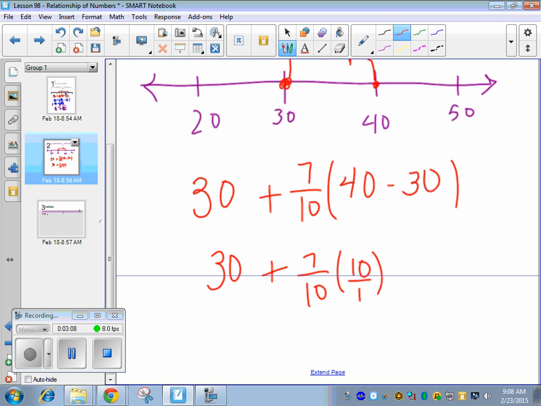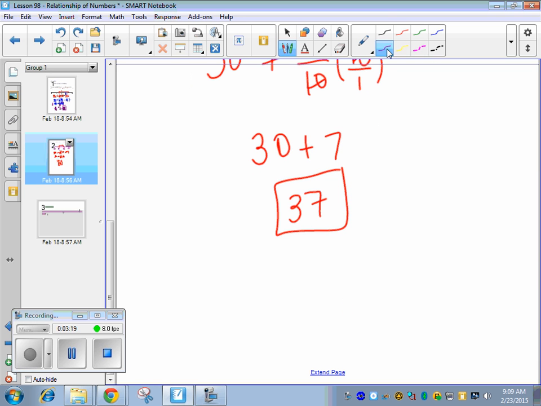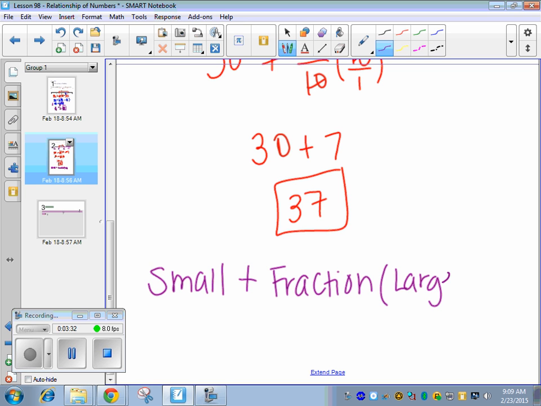So if we put that over 1, these cancel, and we get 30 plus 7, which is 37. So if we were going to write a formula for this, it would be the smaller number plus the fraction times the larger number minus the smaller number every time.